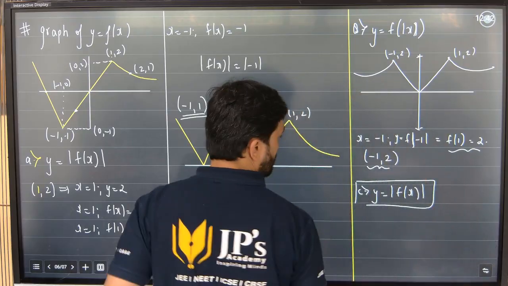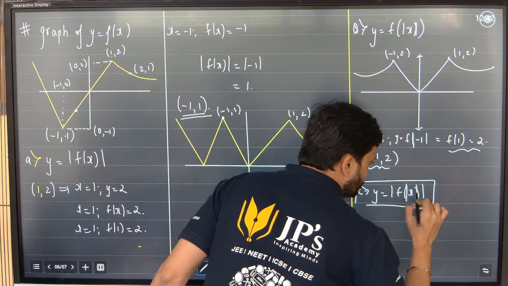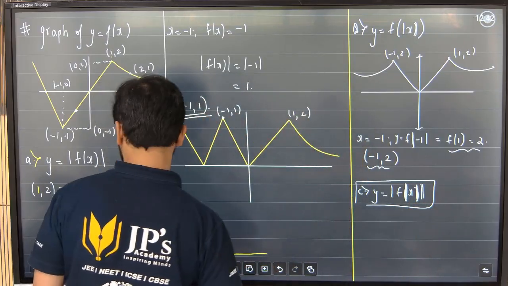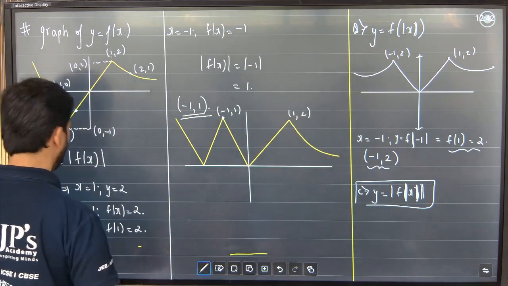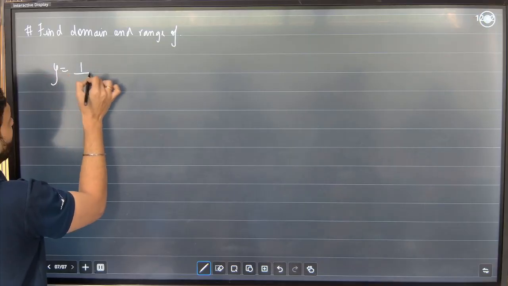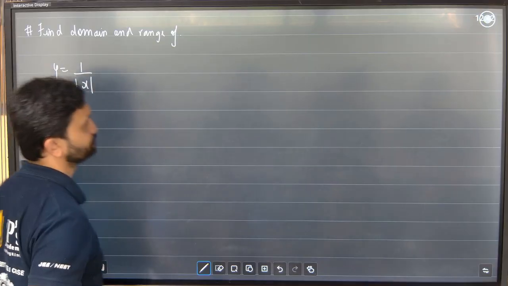Sorry, this is mod of f of mod x. Okay, now find the domain and range of y is equal to 1 upon mod x.